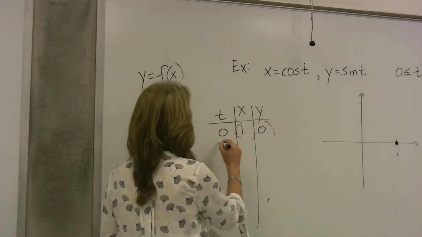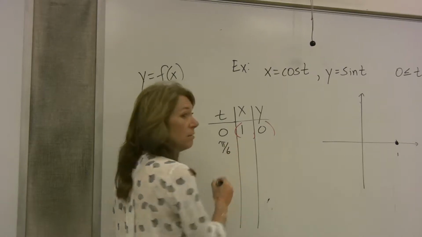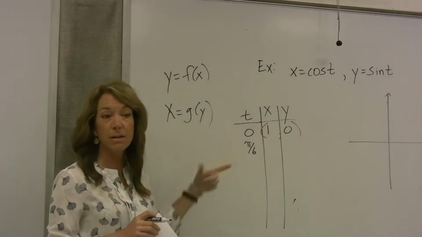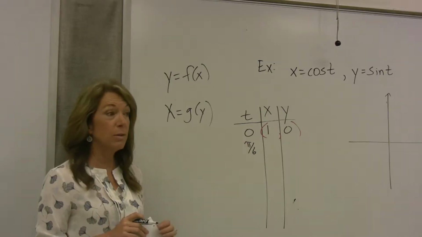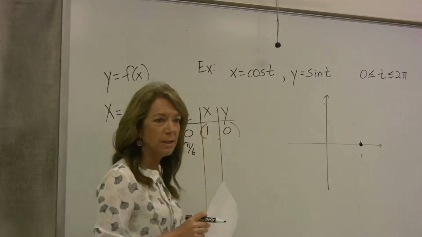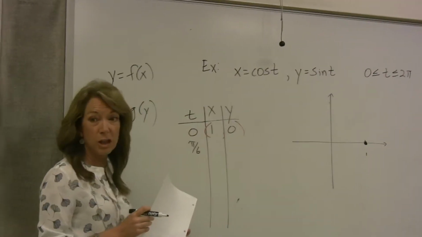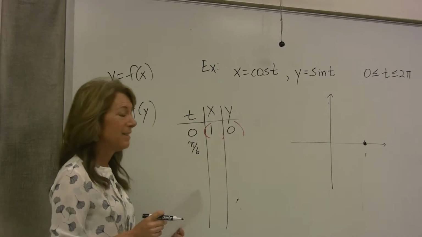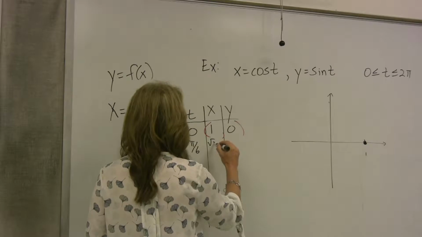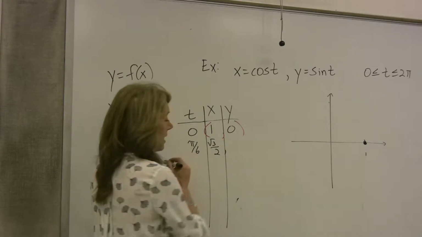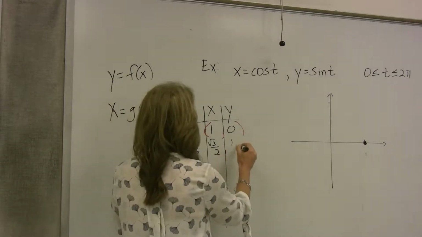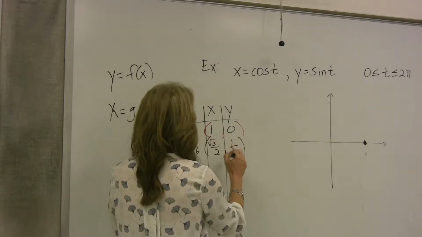Maybe I'll pick pi over 6, just another value of t higher than this one. So here's where we're doing some trig already. Cosine of pi over 6, that's 30 degrees, root 3 over 2. And the sine of that, 1 half. Again, you don't have to put parentheses.